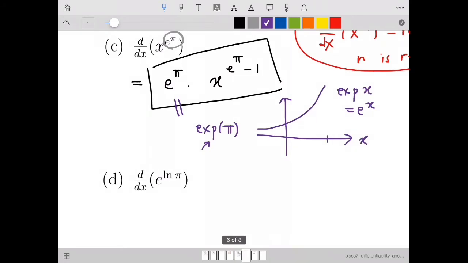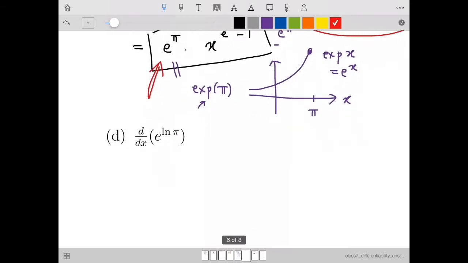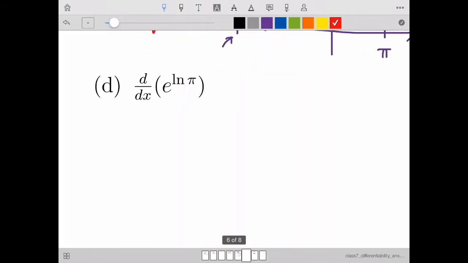So pi is some number, some real number, and here's the e to the pi. How do we find this number approximately? It will be given in the Taylor series later in Calculus 2. And the derivative with respect to e to the ln pi.